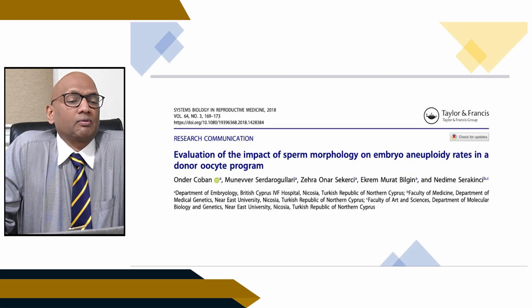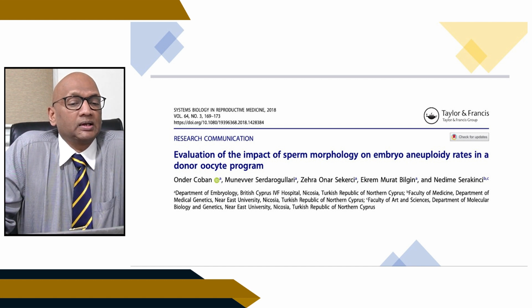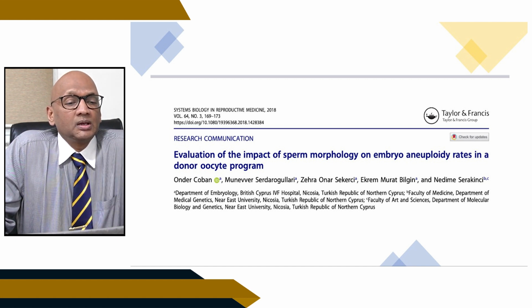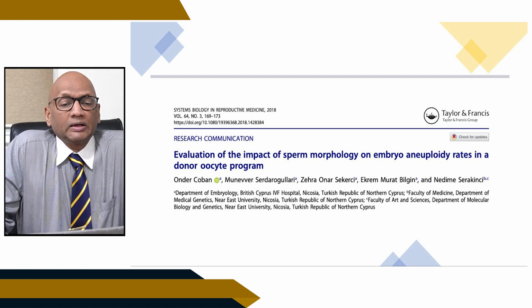Similarly, when we come to morphology, there is a beautiful paper published in 2018, an evaluation of the impact of sperm morphology on aneuploidy rates in a donor oocyte program. Here they used a cohort of oocytes and different morphologies to study the quality of embryo formation and aneuploidy.